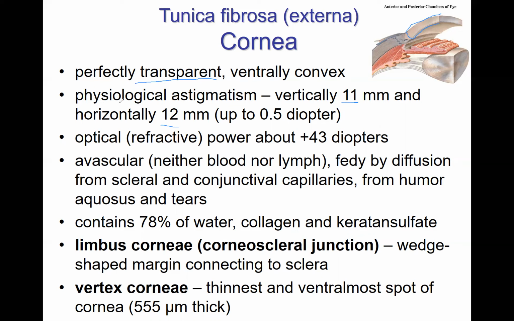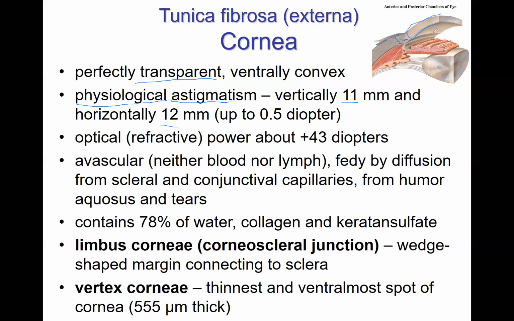So we call it astigmatism, which means a non-perfectly curved part of the globe, and it's a physiological one because your brain is used to that. If the difference between the vertical and horizontal dimension is more, then it's called pathological astigmatism, and you need to correct it with glasses, so-called cylindrical glasses.